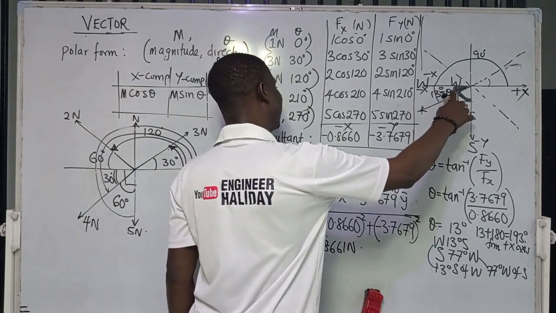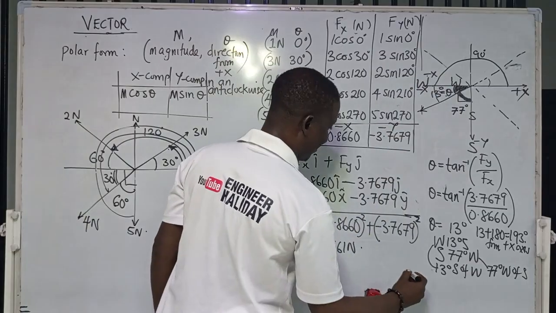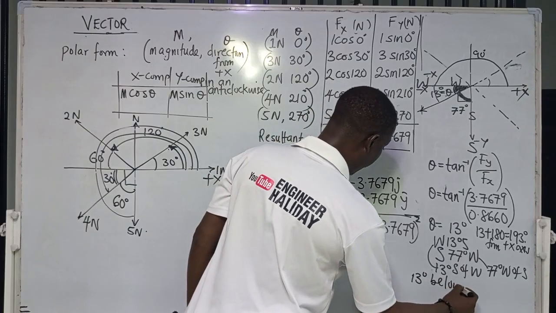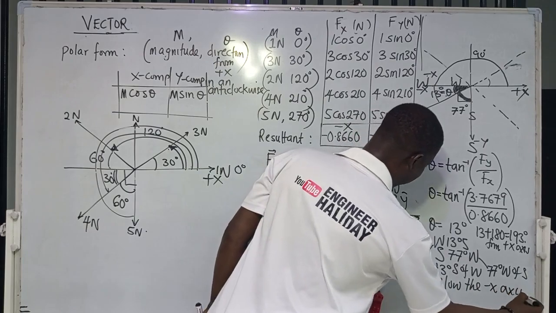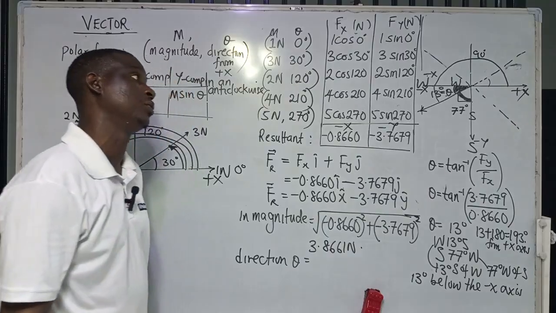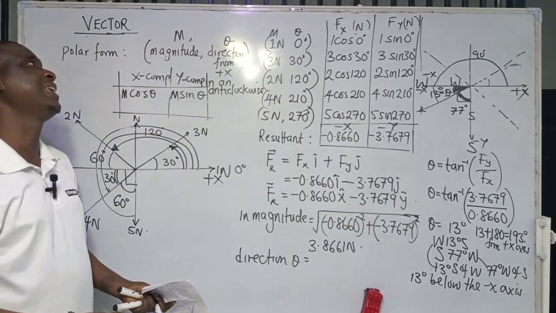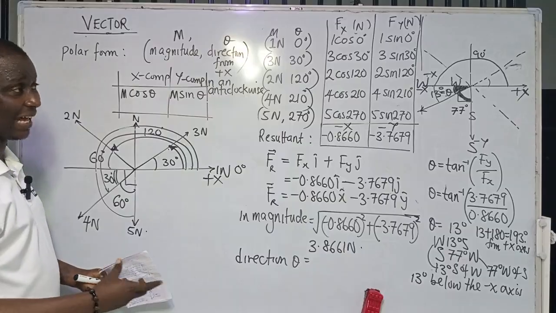So this one now is 13 degree below the negative x-axis. So we can write the answer as 13 degree below the negative x-axis. This can also be your direction. So any of those directions you pick can actually help you to resolve a vector by the direction.